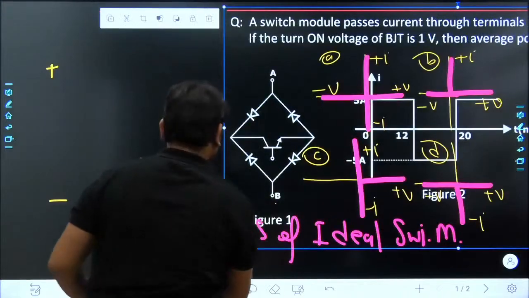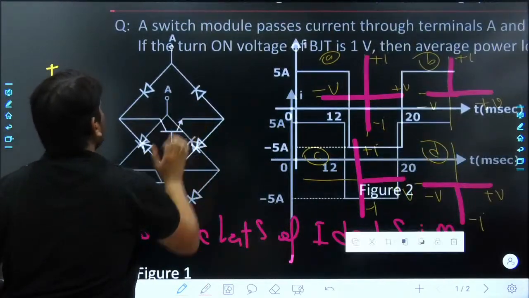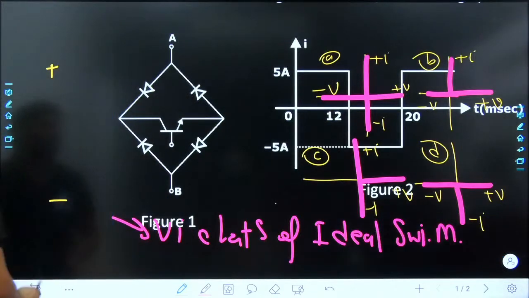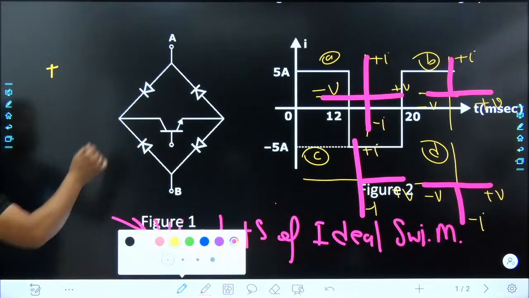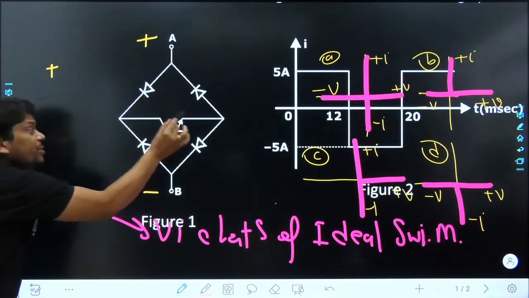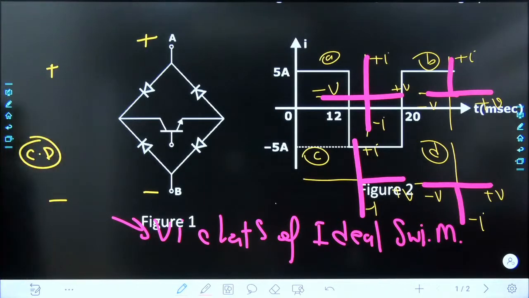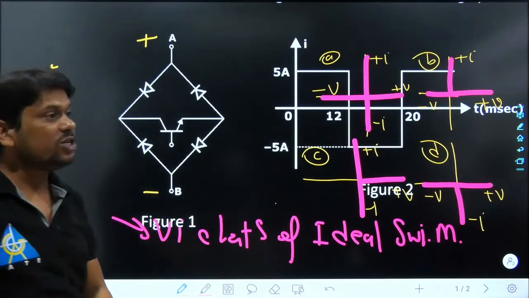I want to increase the size of the device in this way. Now I think it is visible properly. Now, my dear friend, I want to write plus minus here. And we have some BJT, and BJT is a controlled device.